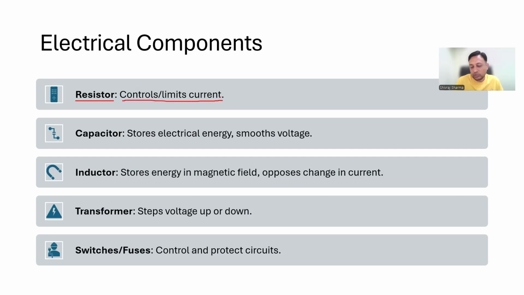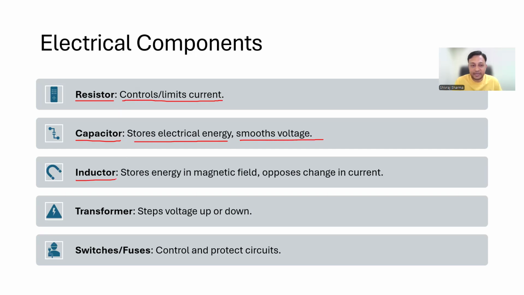The current that is flowing, how will you control it? If there is nothing to control it, it will be infinite, so we need something to control it. That happens using a resistor. Then we have the capacitor, which stores energy and smooths the voltage.